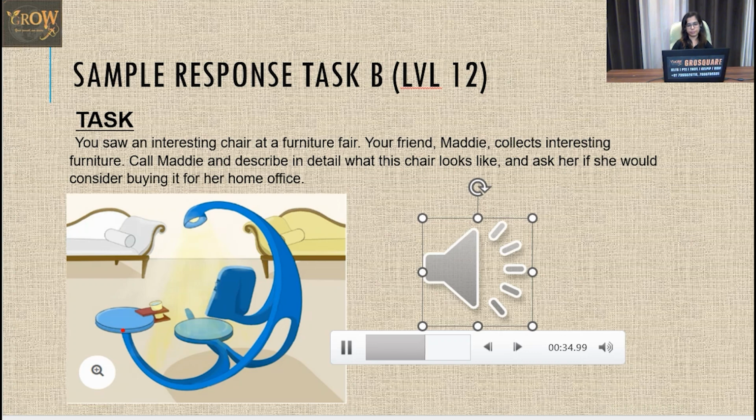I see a circular cushion seat where you can sit and relax and enjoy music, and you can also read books. The design is so interesting, like no one ever had, and this is the first time I am seeing this kind of design. The coffee holder stand also.